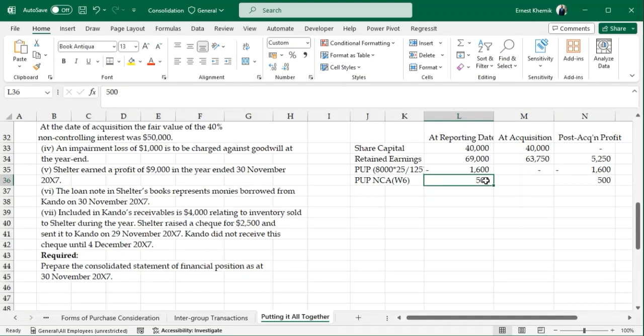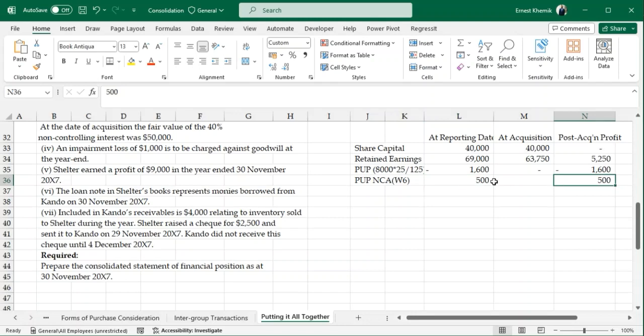So when an item happens within the post-acquisition period, we treat it under the reporting date as well as the post-acquisition profit, or the post-acquisition movement, or the post-acquisition reserve column.